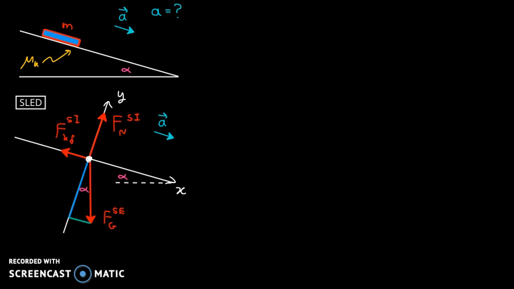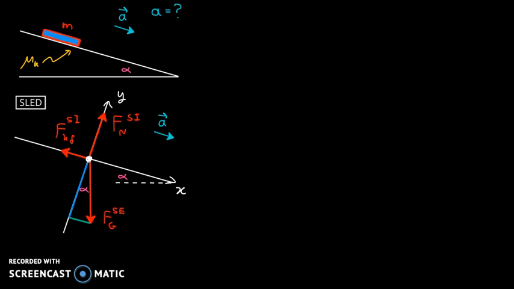The blue segment on the y-axis is the y component, and the green segment parallel to the x-axis is the x component of my gravitational force. So the x component is going to be Fg times sine alpha, and the y component is going to be negative Fg times cosine alpha.